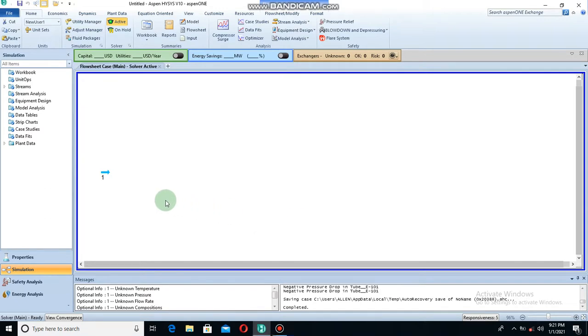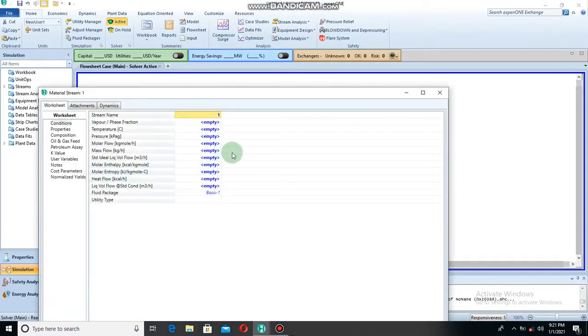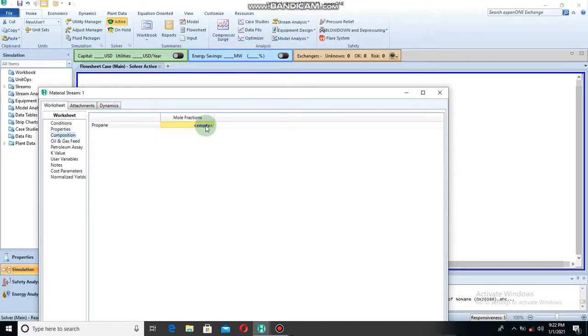So the idea is to compress propane at 50 degrees centigrade and a pressure of 389 kPa and a molar flow of 100, and definitely the composition, it's pure propane.